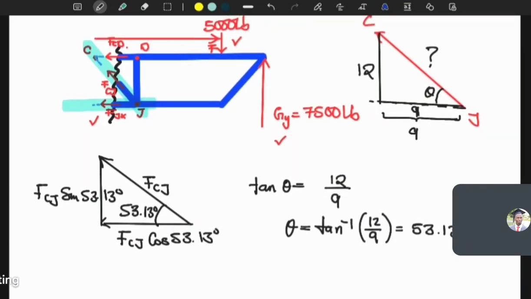Now, what does this imply? It implies that where we have FCJ, we can actually remove FCJ, and in place of FCJ, we can look at it in terms of its components. This is FCJ cos 53, and this is FCJ sine.